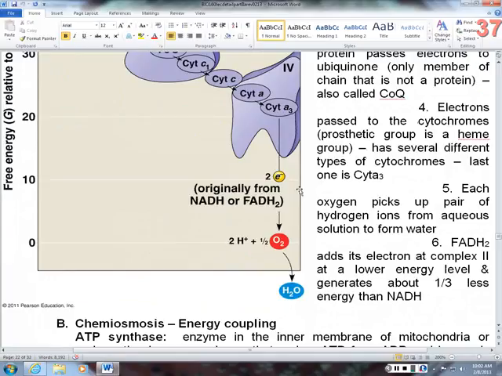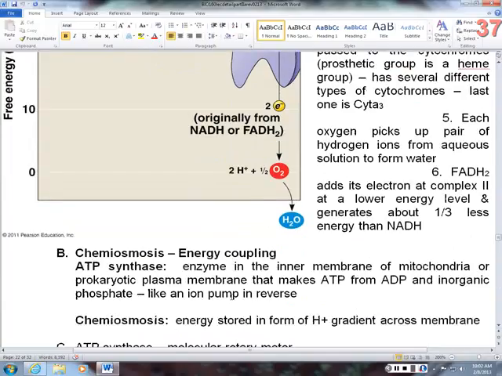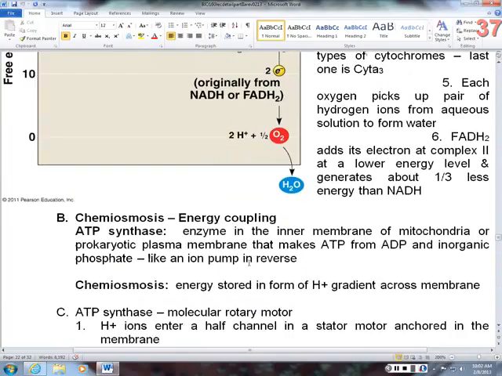So what will happen is we're going to allow these to come together with oxygen, and it will make water, and you're going to get energy out of the deal. So at the end of the line, we've got this ATP synthase enzyme that's going to be in the inner membrane of the mitochondria, and that's going to be where we allow those electrons to come together in exchange for phosphorylating something.